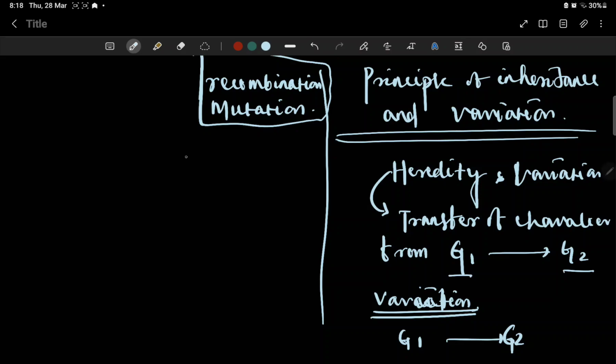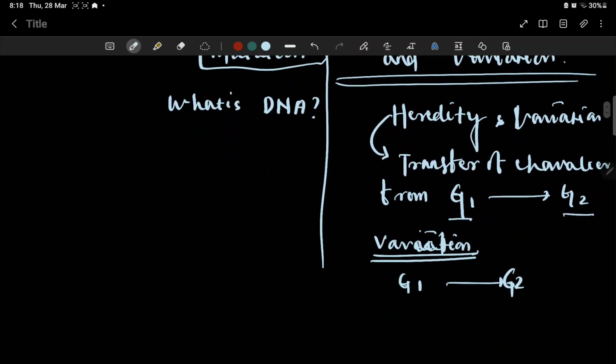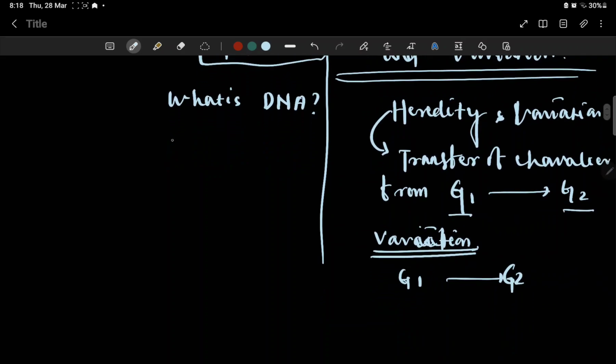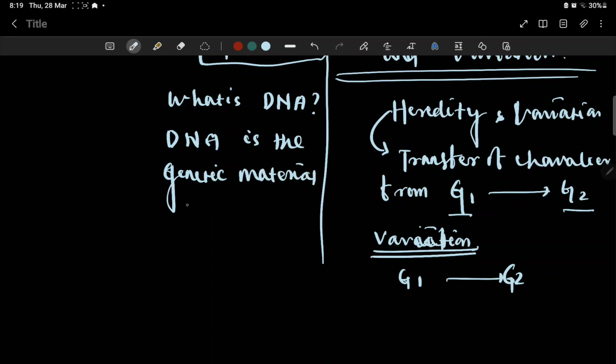Before moving into the chapter, we will understand what is DNA and what is a gene. First, DNA. DNA is the genetic material or the information fed into a cell.